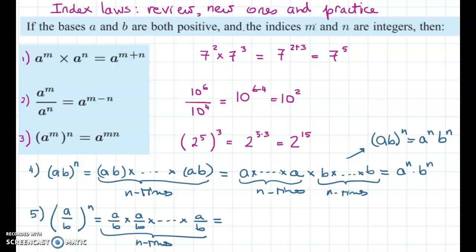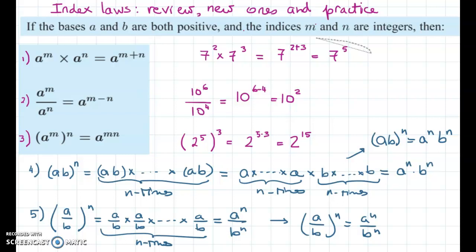So we have, when we multiply, a to the power of n in the numerator and b to the power of n in the denominator. So this property reads a over b to the power of n is equal to a to the n over b to the n. And that's how we can get rid of the bracket.